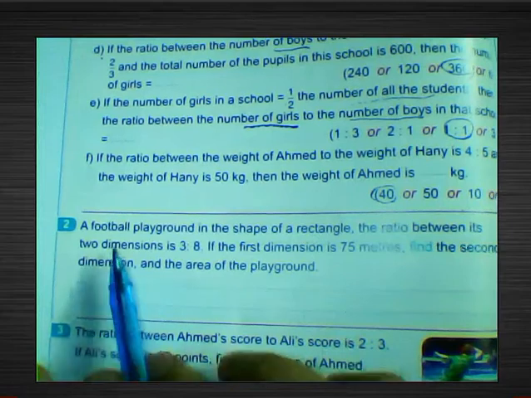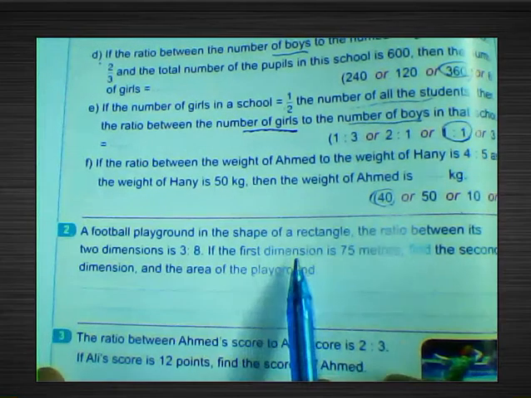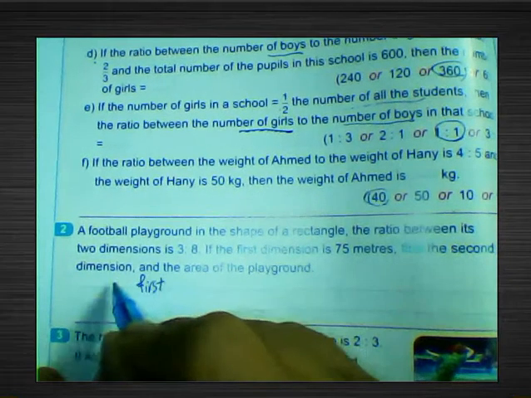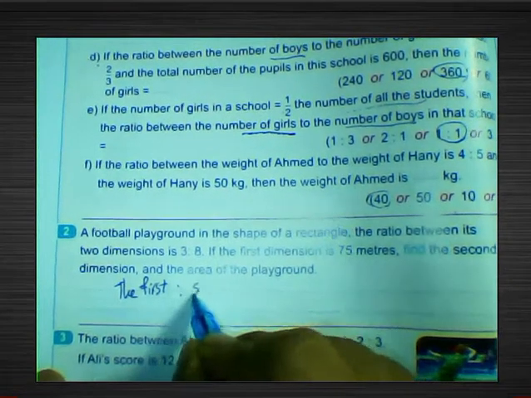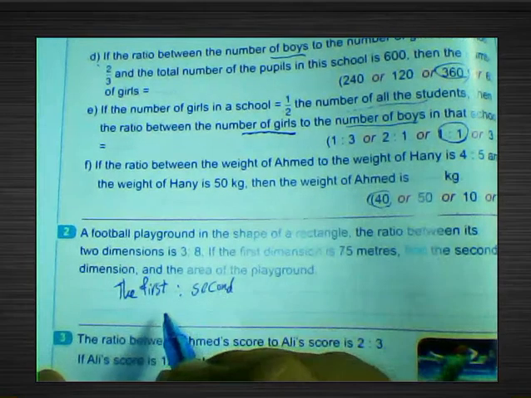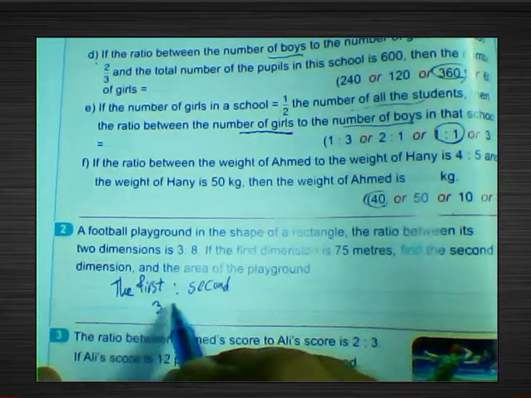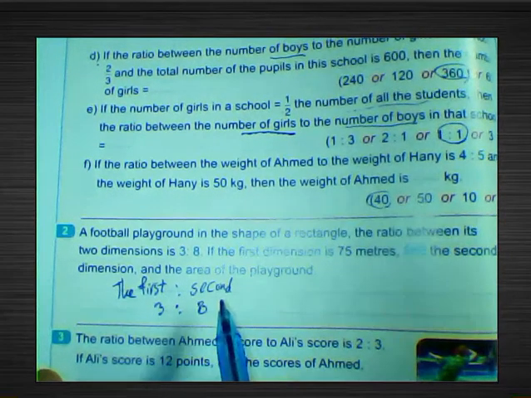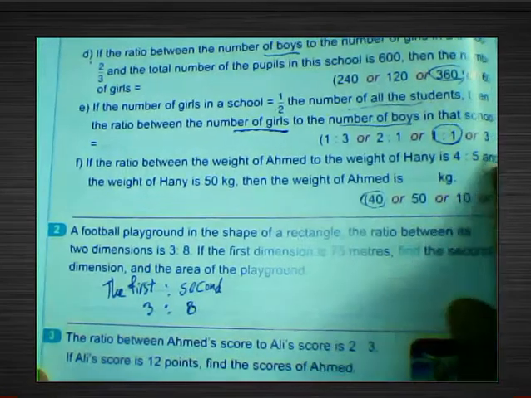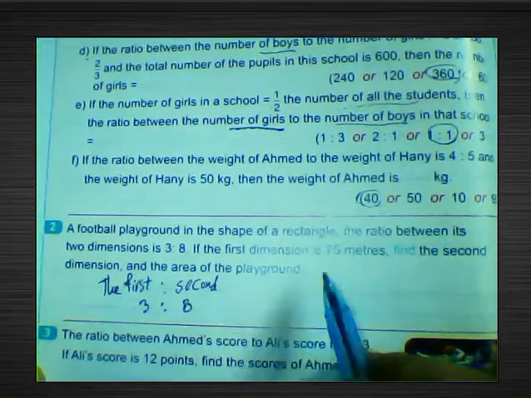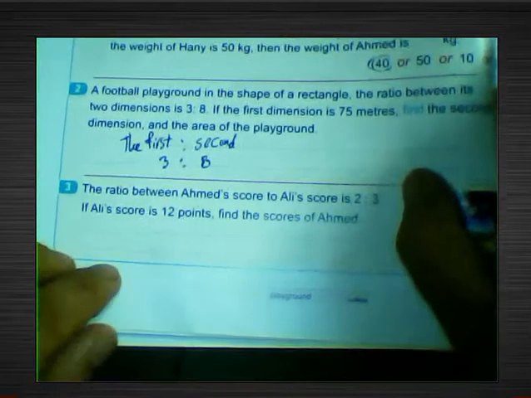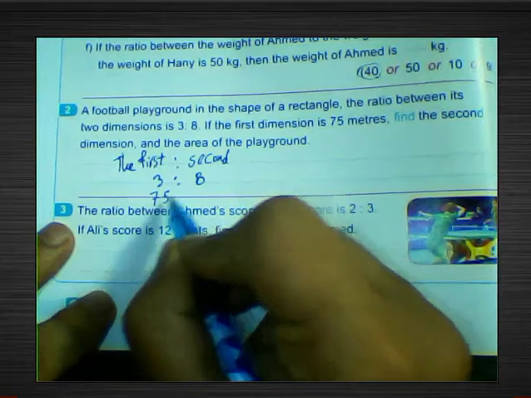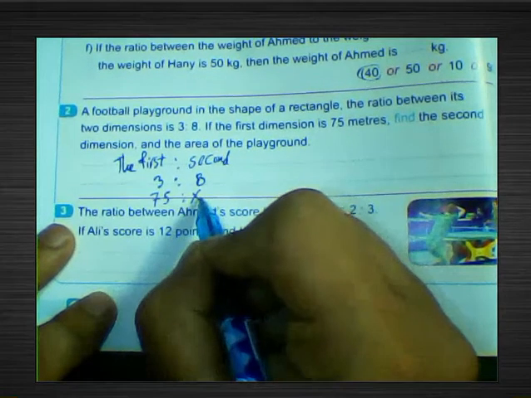We have the ratio between two dimensions, and the first dimension is 75. So we can find the first to the second, and the ratio between them is 3 to 4. We write 75 under 3, and write x here under 4.